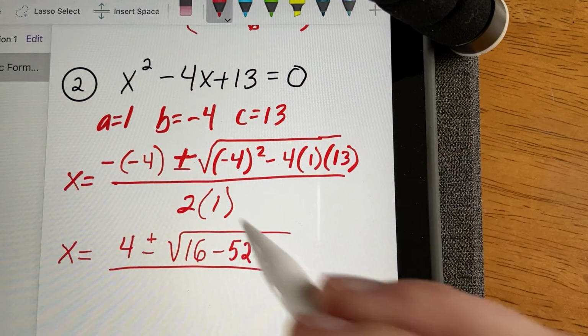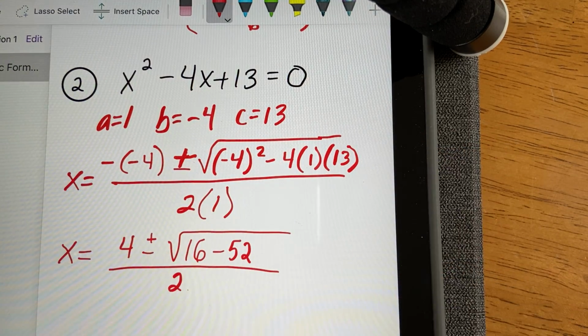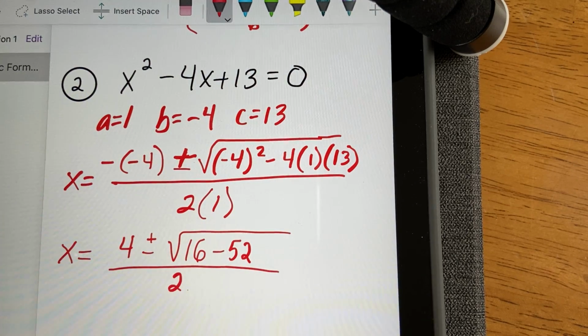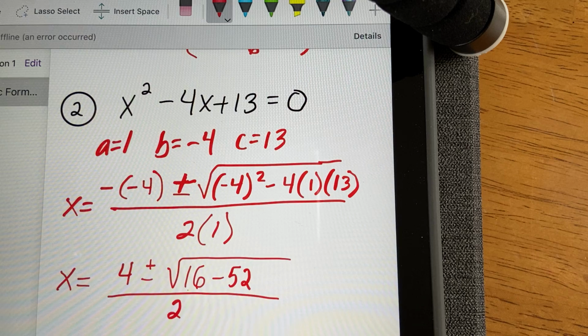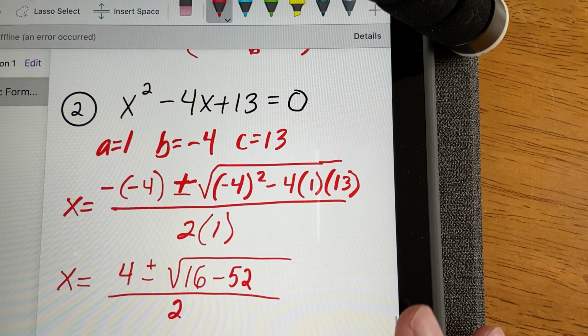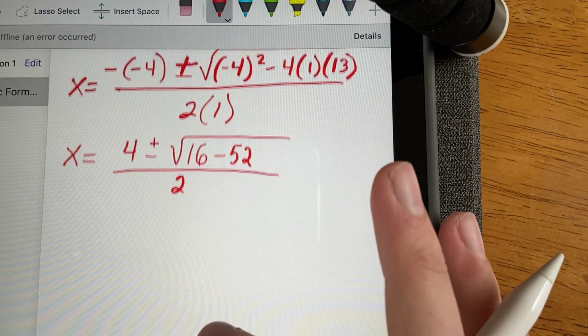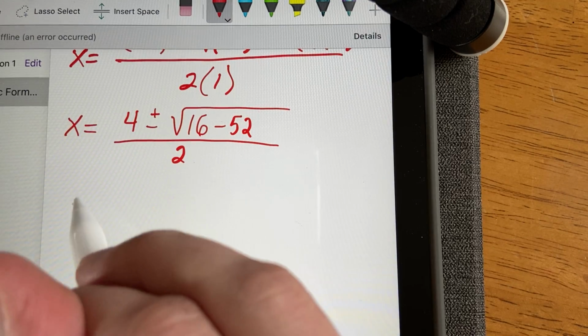And that's all over 2 times 1, which is 2. Okay, so again, this is a huge indicator right here that we're going to have complex solutions because 16 minus 52 is going to equal a negative number. And remember, whenever you take the square root of a negative number, it ends up becoming imaginary. So let's go ahead and do that next step.